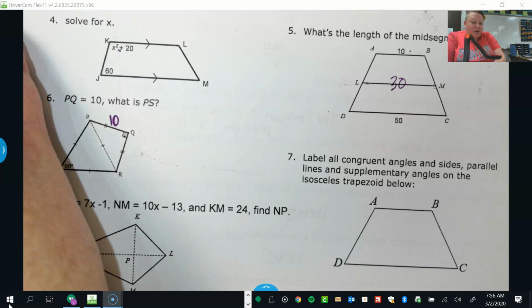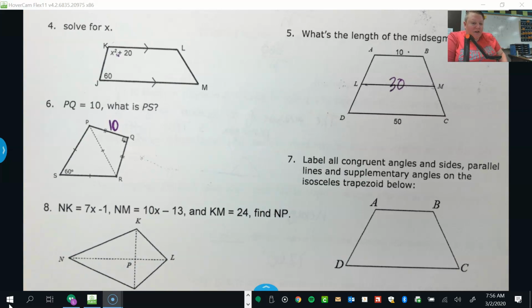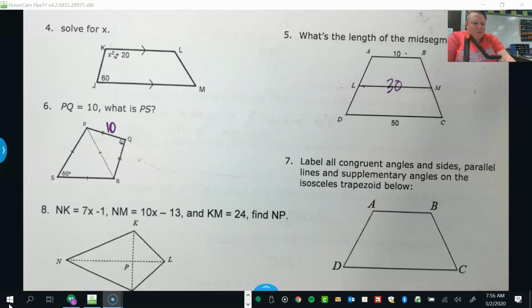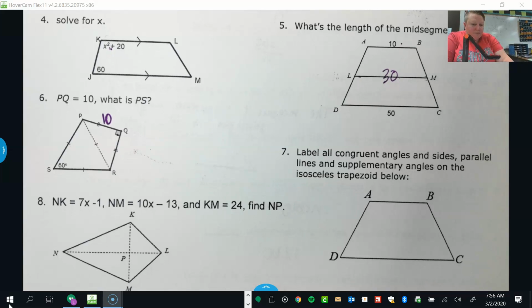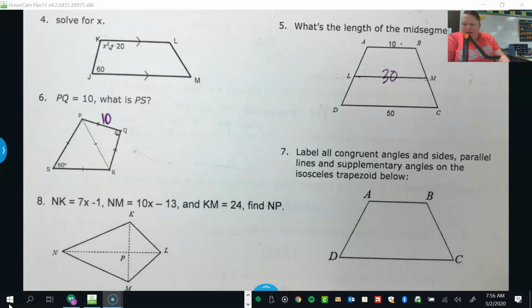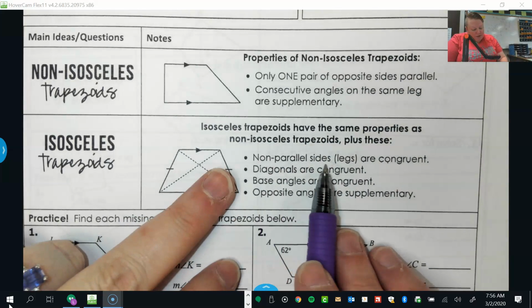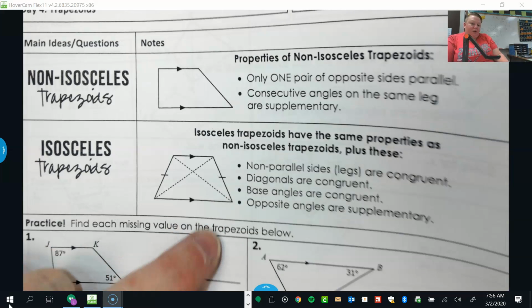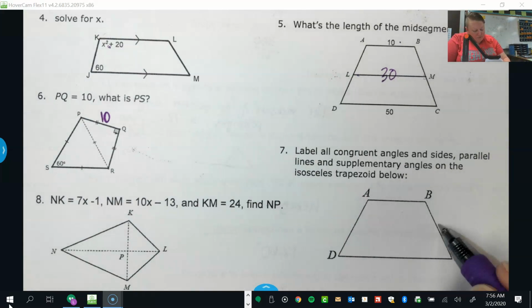Number 7, label all the congruent angles and sides, parallel lines, and supplementary angles on the isosceles trapezoid below. All right, let's look at our trapezoid properties. Isosceles trapezoids: non-parallel sides are congruent. So that would be these two.